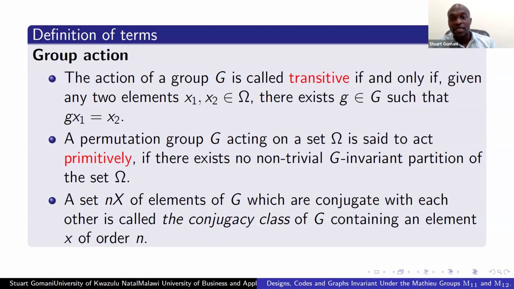The permutation group G acting on a set omega is said to act primitively if that action does not lead to any non-trivial partitions of the set. A set of elements of the group conjugate with each other is called the conjugacy class of the group containing that element of specific order n.